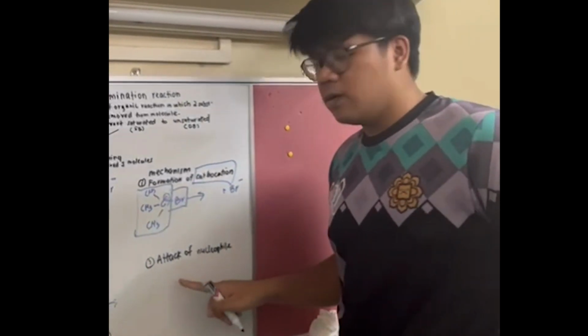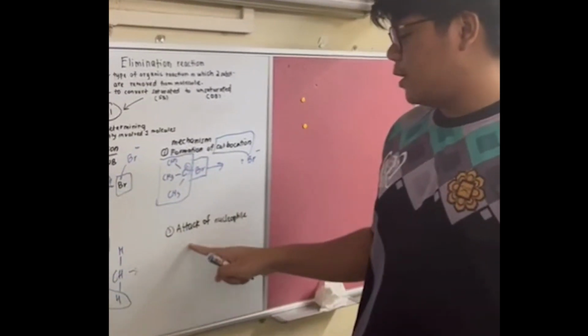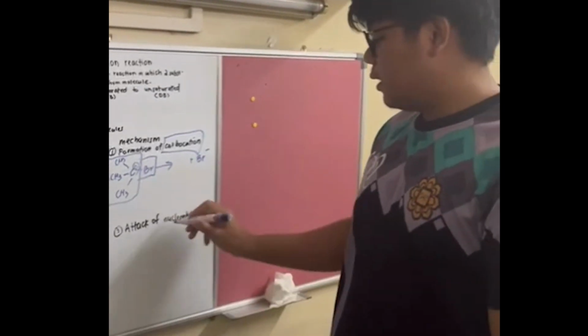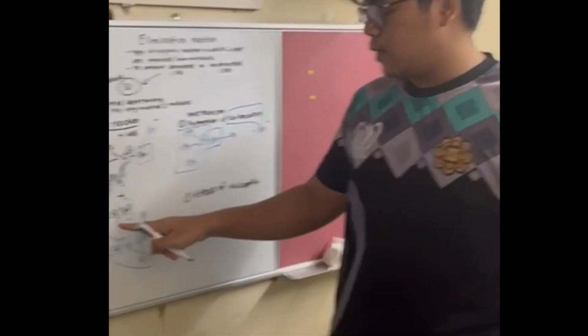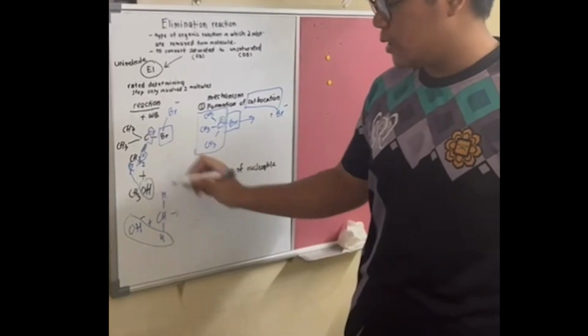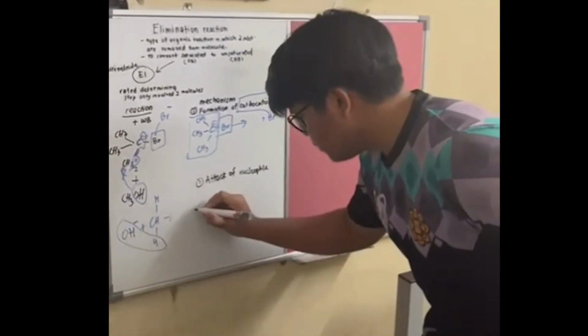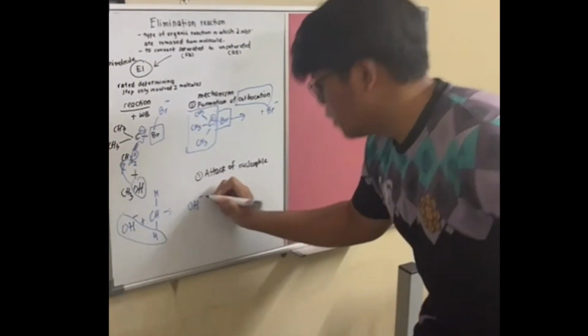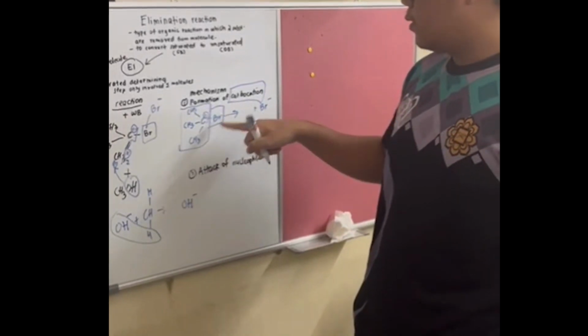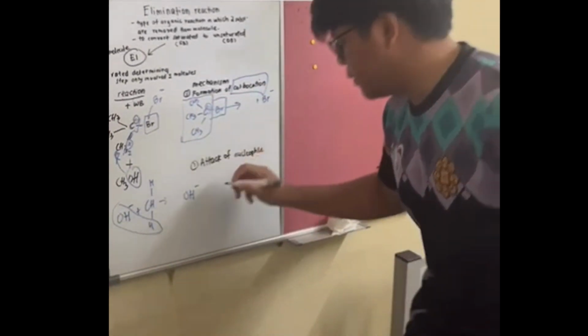And then we will look at the final step. We will look at the attack of the nucleophile. The nucleophile here comes from our methanol, which means OH. This OH, our OH minus, will react with our carbocation here, plus.